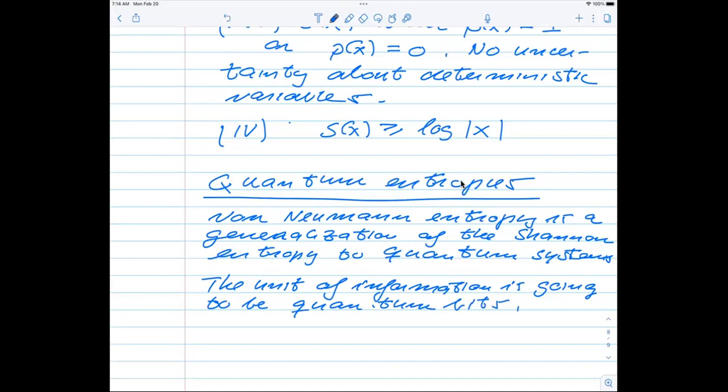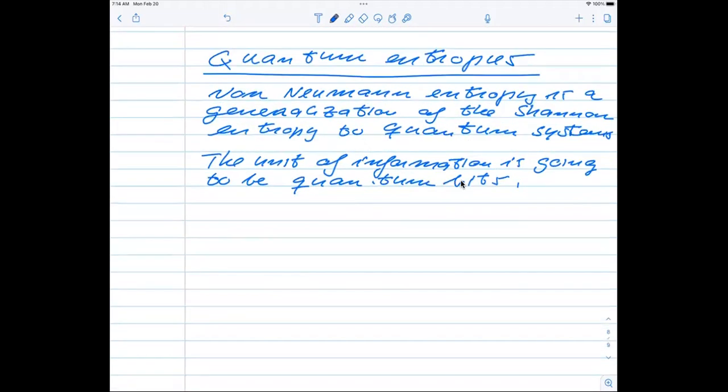So we can make a quantum analog of the Shannon entropy as a direct function of the density operator. If we do that, it will have interesting properties, which allow us to calculate this entropy in a very straightforward manner. So let's now look at the definition of the quantum entropy.